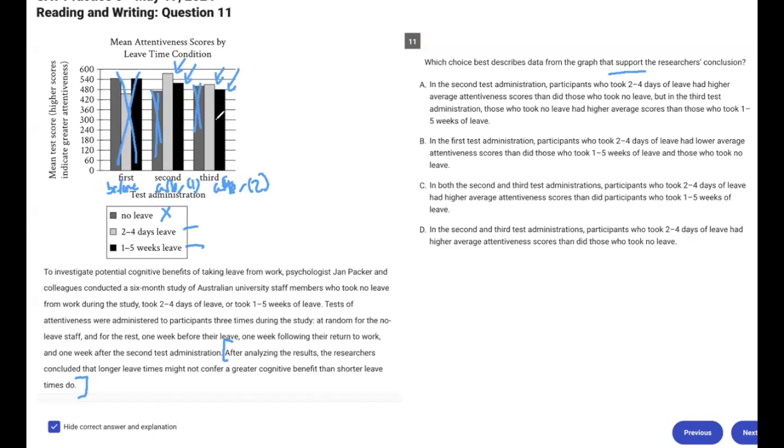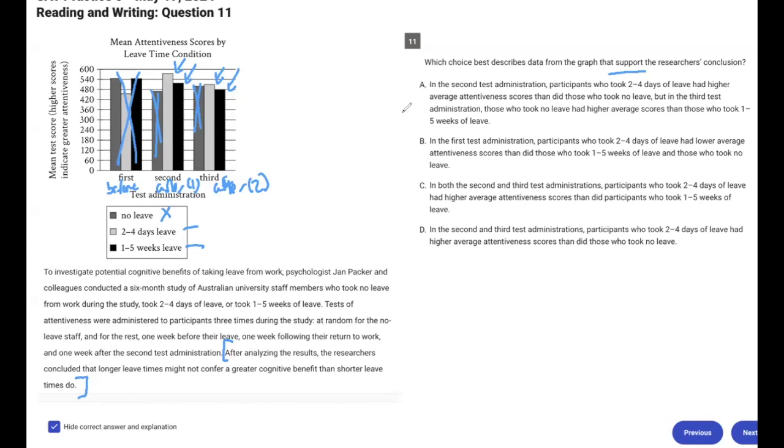They did better compared to the 1 to 5 week crew. So this actually does align with the claim that there isn't much cognitive benefit to the people that had a longer vacation, which, by the way, I don't believe, but this is just another example of looking at the claim, looking at the data to see what actually matches, not what you think would be true.